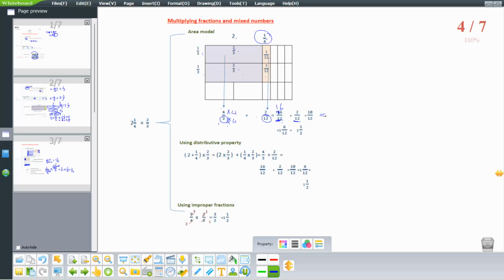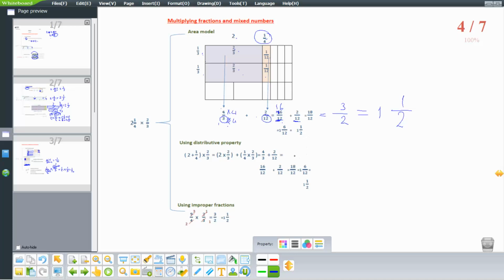Okay, if I want to simplify, 18 over 12 divided by 6: 18 divided by 6 equals 3, and 12 divided by 6 equals 2. So we can simplify and turn it into a mixed number, it will be 1.5.